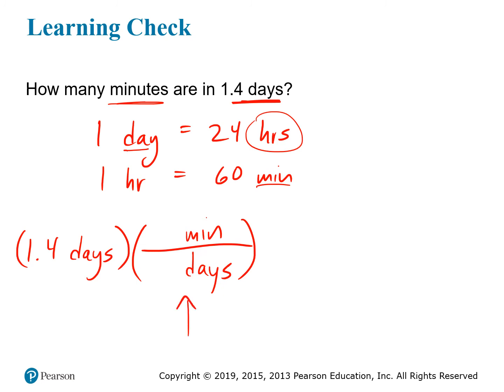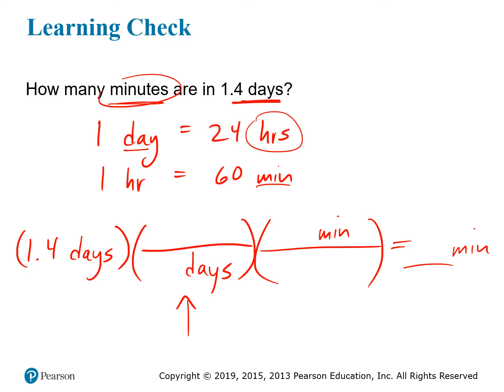In this case, I have to say no, I don't know that relationship exactly. So that means that I need to forget about minutes going on top here, and instead think about doing a second conversion factor, where minutes will be on top there. However I do it, minutes have to end up being on top because that's the unit I'm looking for. My answer needs to be in minutes.